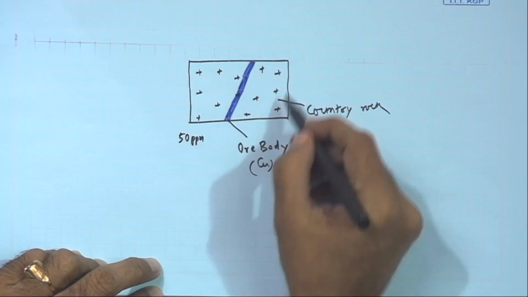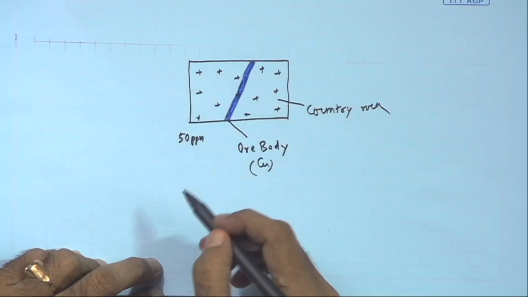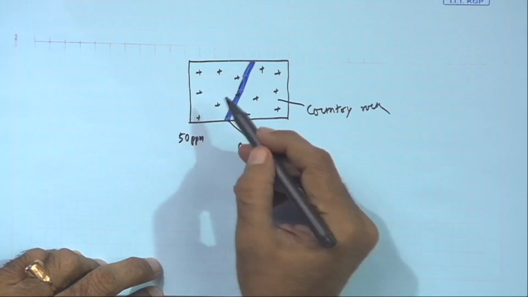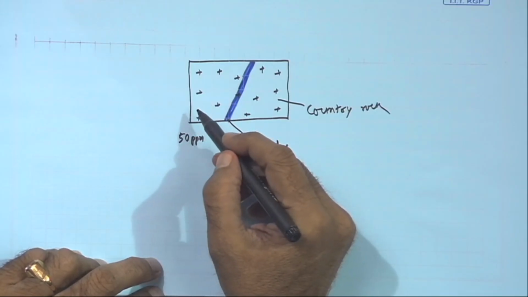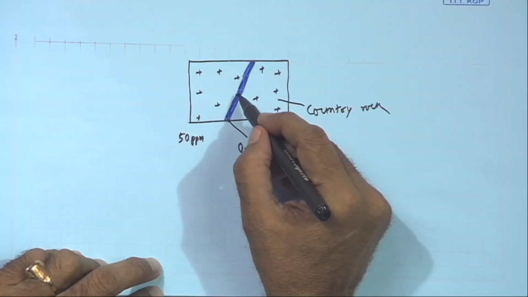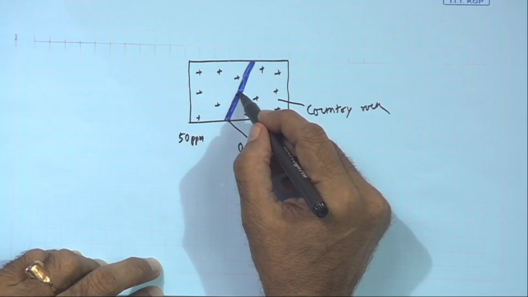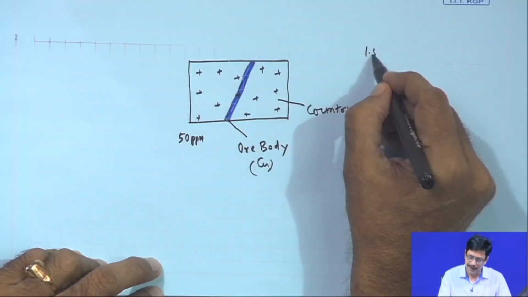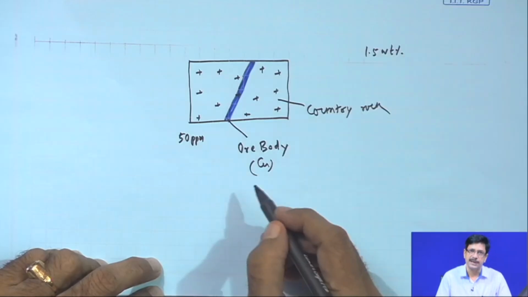Anywhere within this rock, wherever I analyze, I will get a value of say 50 ppm, or within a little bit of uncertainty. The moment I take a sample from this particular part, it is going to give me a much higher concentration, let us say 1.5 weight percent.